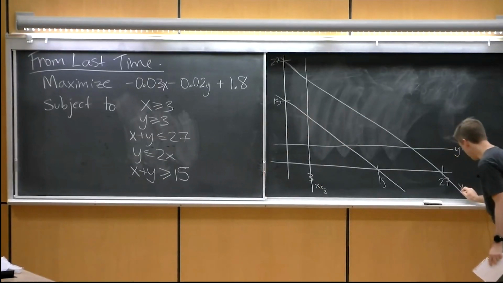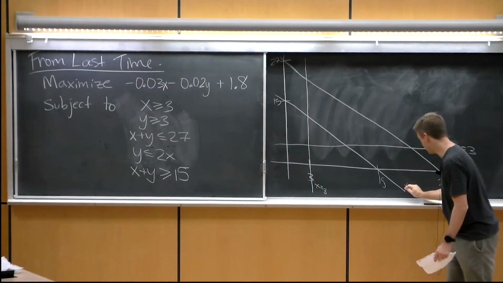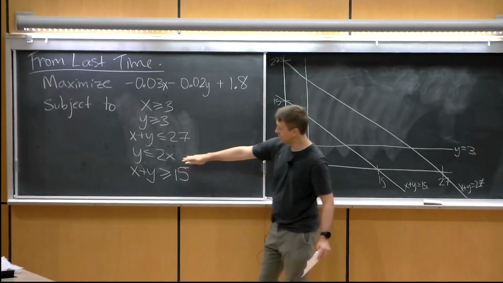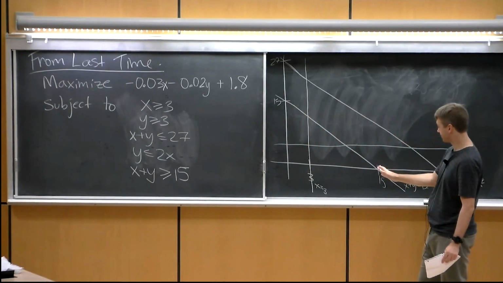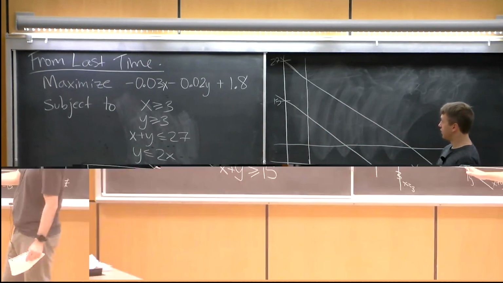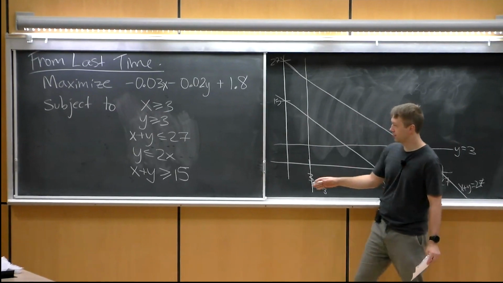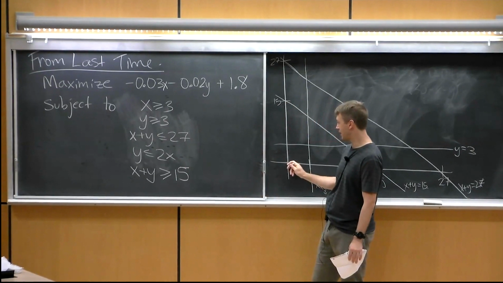So this is the line x plus y equals 27. That's the line x plus y equals 15. I haven't graphed this one yet, so I need to do that. It doesn't really help very much to put in x equals 0, y equals 0, because it just tells me the origin.